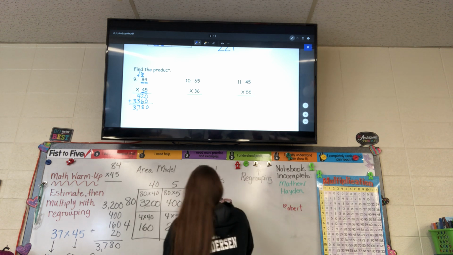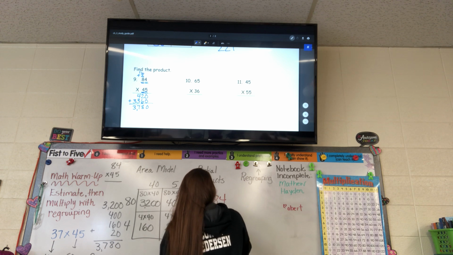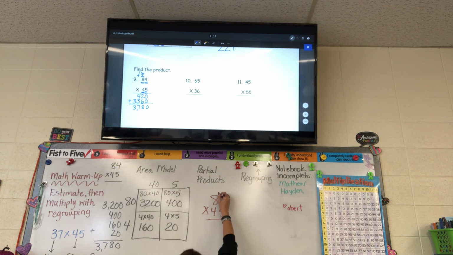If you want to do partial products, you will do this. 84 times 45. You'll add in your little zeros, and you'll start on the bottom, 40 times 80, then 40 times 4, then 5 times 80, and 5 times 4.